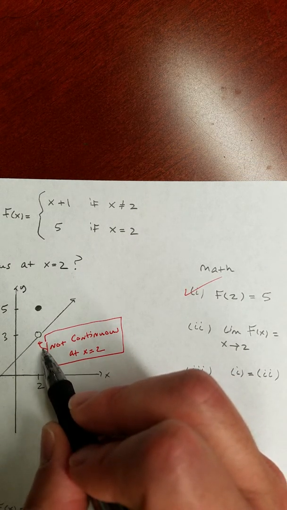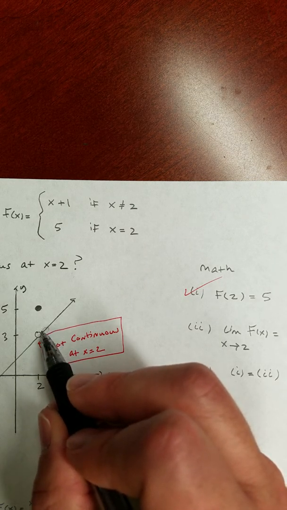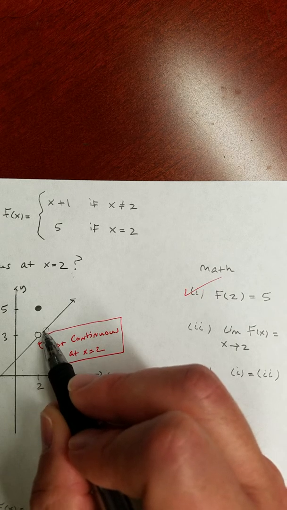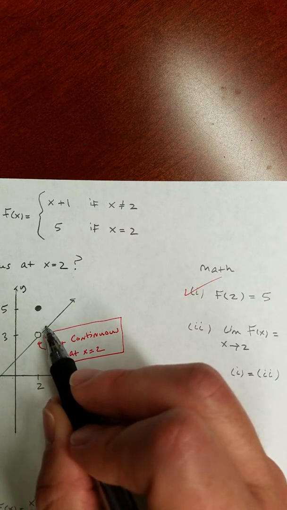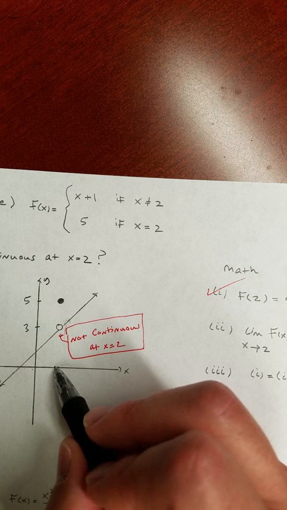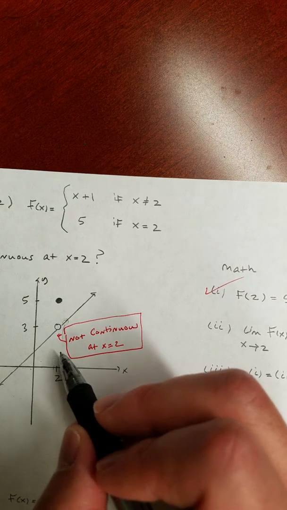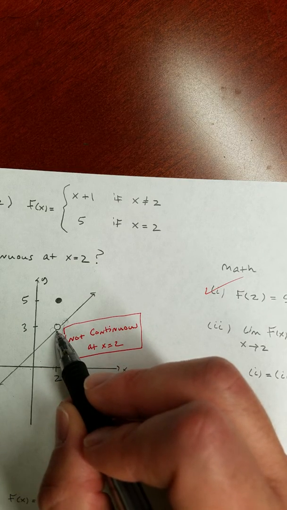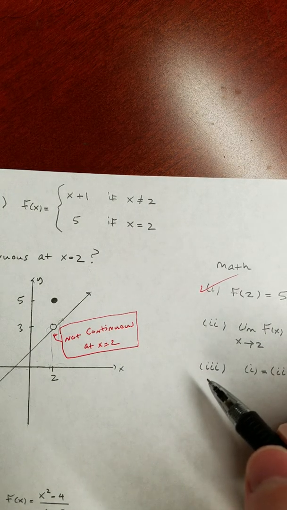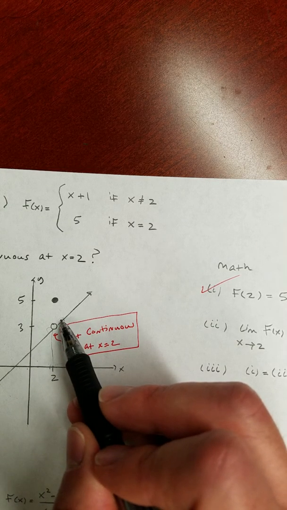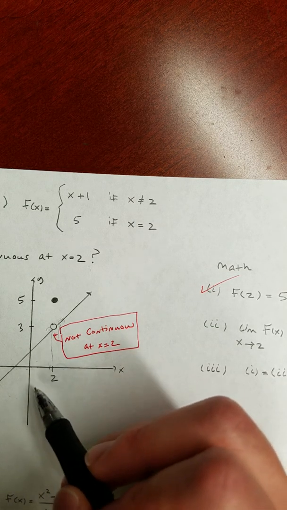If x is close to 2, like say 2.1, 2.01, slightly bigger than 2, you're going to get your y coordinates right here, extremely close to 3. What about on the other side, 1.9, 1.99? You're going to get your y coordinates right there, also very close to 3 from this picture. If x is close to 2, that will put the y close to 3.